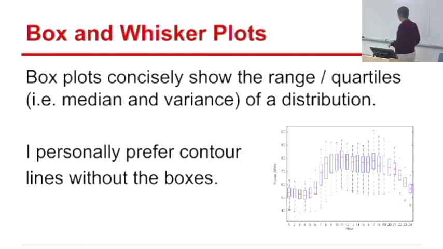Right, so one possibility that I often like, okay, is that if here is the mean power consumption, sometimes what it pays to do is to draw contour lines, other lines at the 25th and 75th percentile.